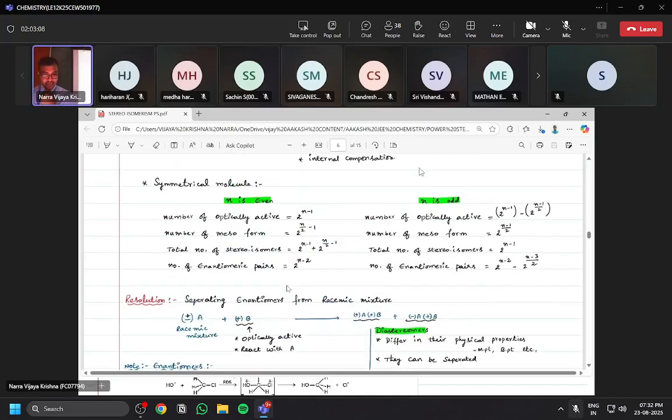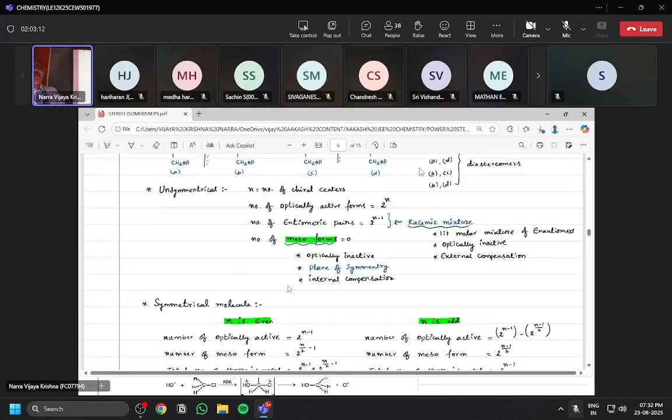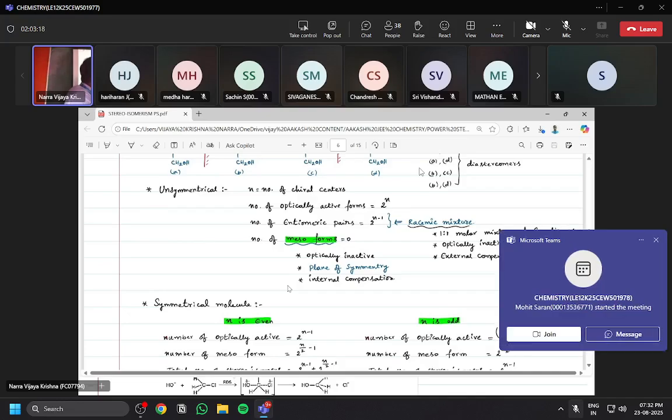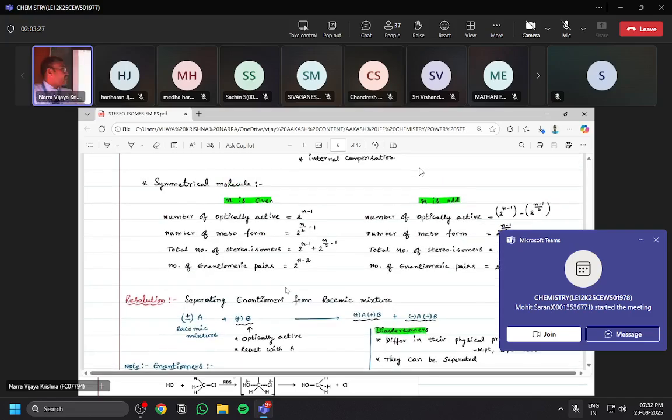See this one? If the molecule is unsymmetrical, then the number of optically active forms is 2 power n. If I divide by 2, the number of enantiomeric pairs; the number of mesoforms is 0. Right? If it is symmetrical, then I need to check whether it is even or odd.